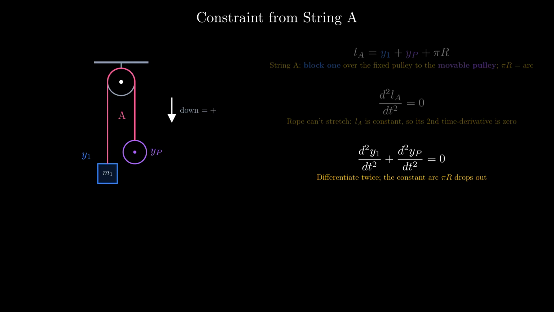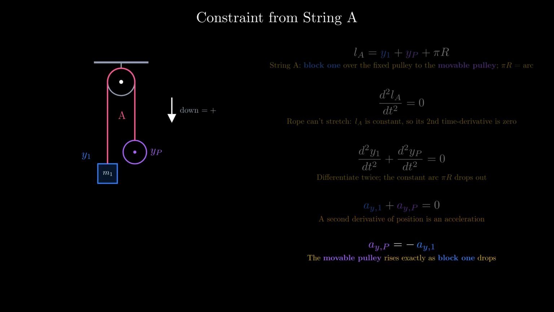But a second time derivative of position is just an acceleration. So the acceleration of block 1 plus the acceleration of the pulley equals 0. In other words, the pulley's acceleration is minus the acceleration of block 1. When block 1 drops, pulley P rises by exactly the same amount.